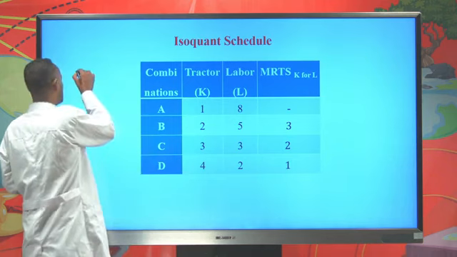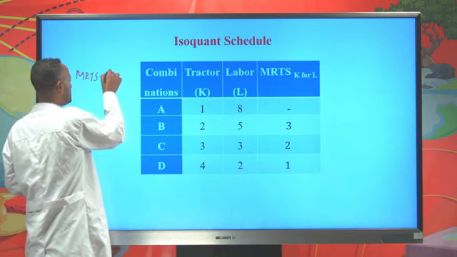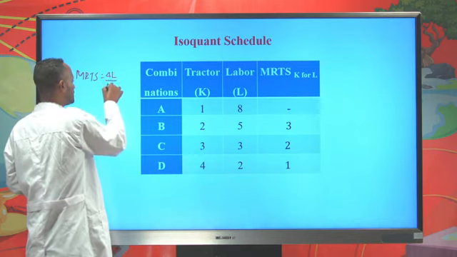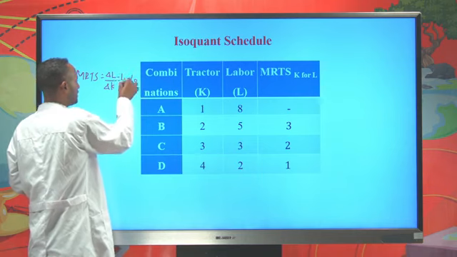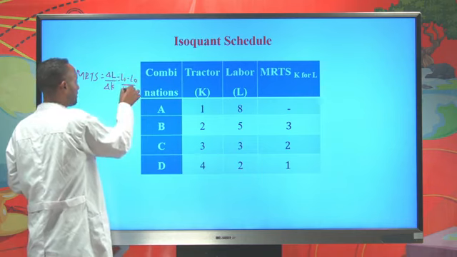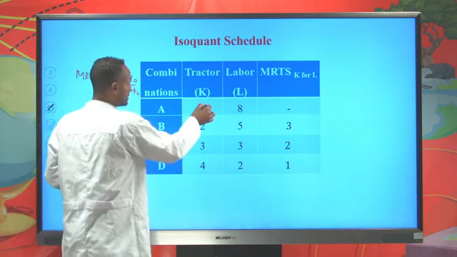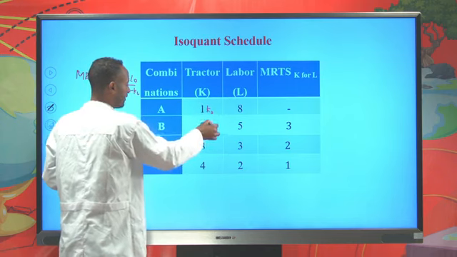The MRTS of capital for labor is calculated by dividing the change in the variable input labor by the change in the variable input capital, which is gained. And this is labor final minus labor initial divided by capital final minus capital initial. Now let's take this 1 as capital initial and this 2 as capital final.